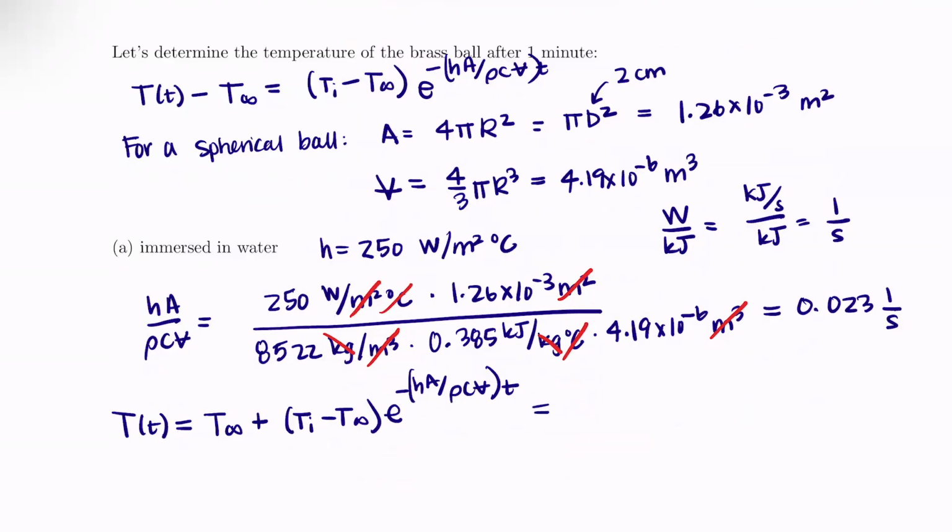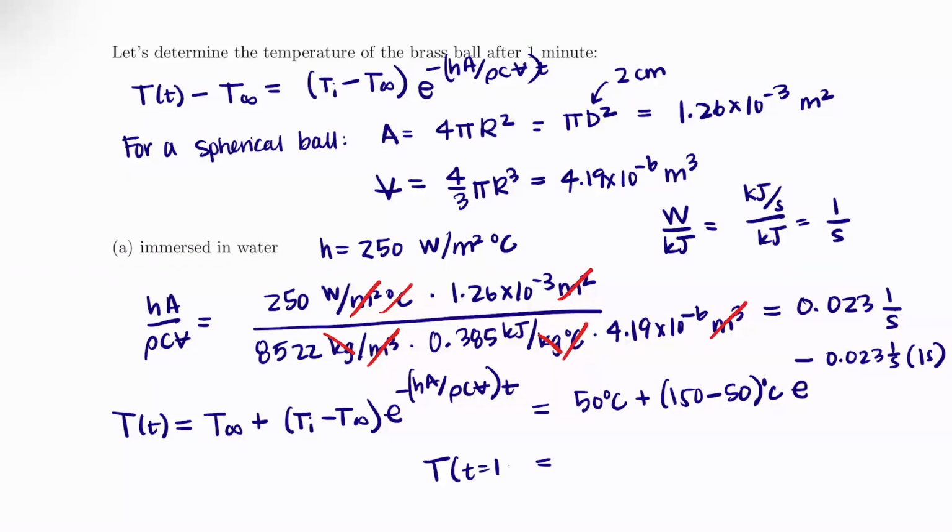If I plug in all the values that I was given, our ambient temperature is 50 degrees C, plus our initial temperature was 150 minus 50 degrees C, times the exponential of minus 0.023 per second times time. And the time that we want to calculate the temperature for is 1 second, so I'll put that in here. And so that means our temperature at t equals 1 second is 75.2 degrees C.